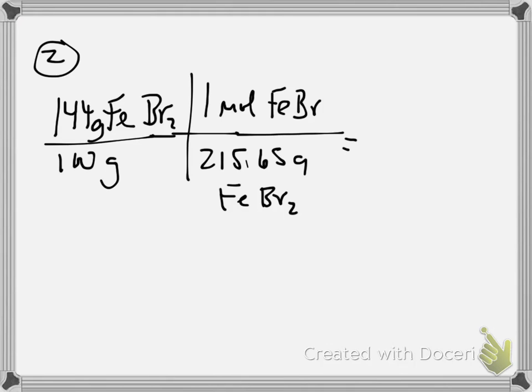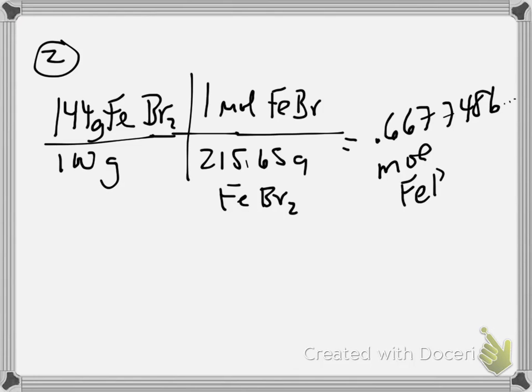which means that in 100 grams of water, and what I'm doing here is figuring out the molarity of a saturated solution, and I'm going to compare them. So in a saturated solution, we would have 0.6677486 moles of FeBr2, and I'm going to make a note to myself in saturated solution.